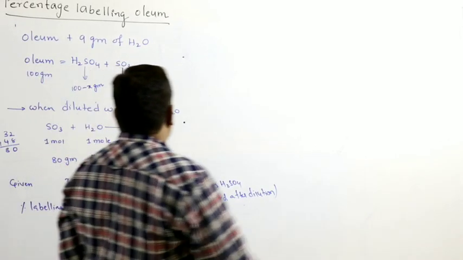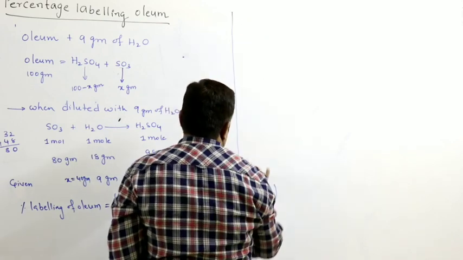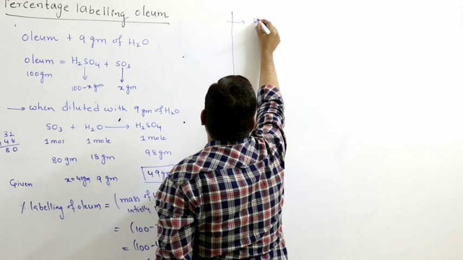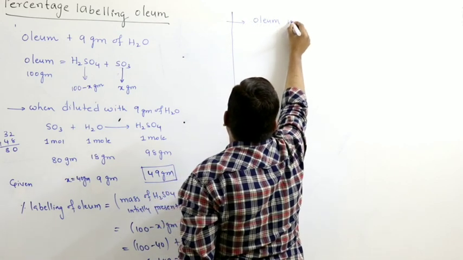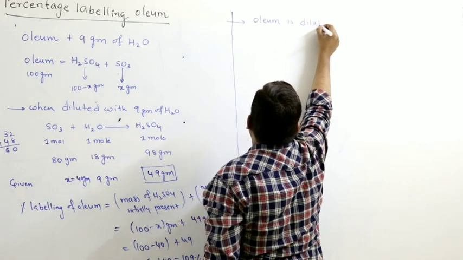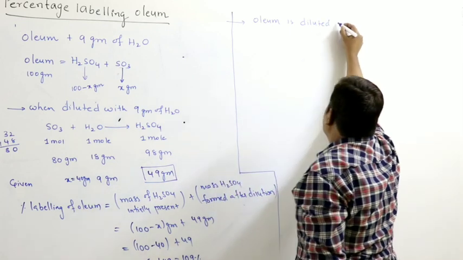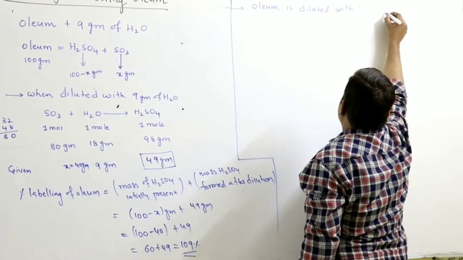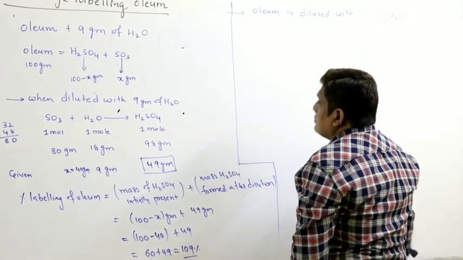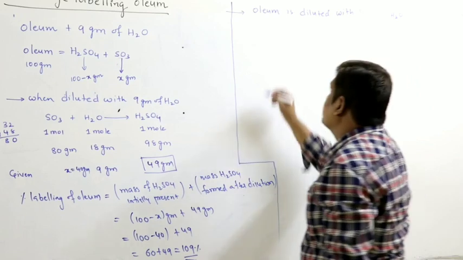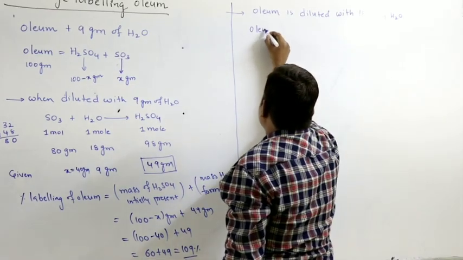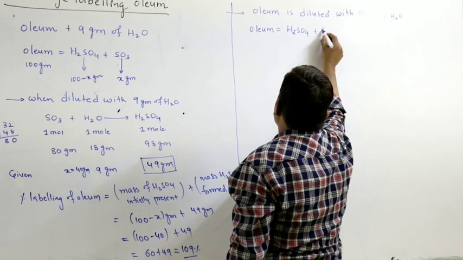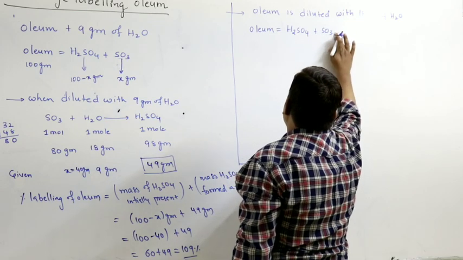So let us take one more example. What happens when oleum is diluted with 18 grams of water? Let us take oleum, which is a mixture of H2SO4 plus SO3.